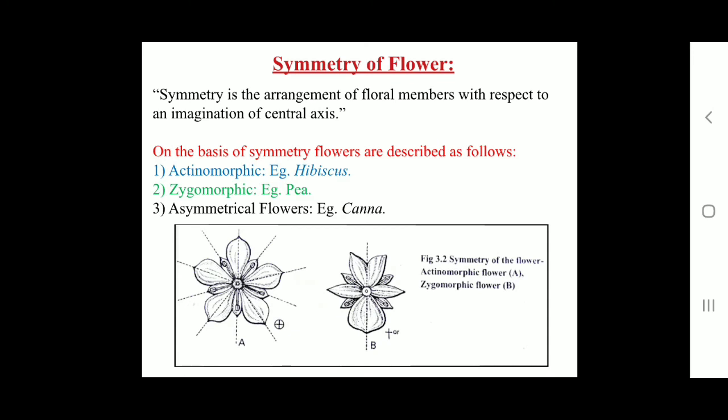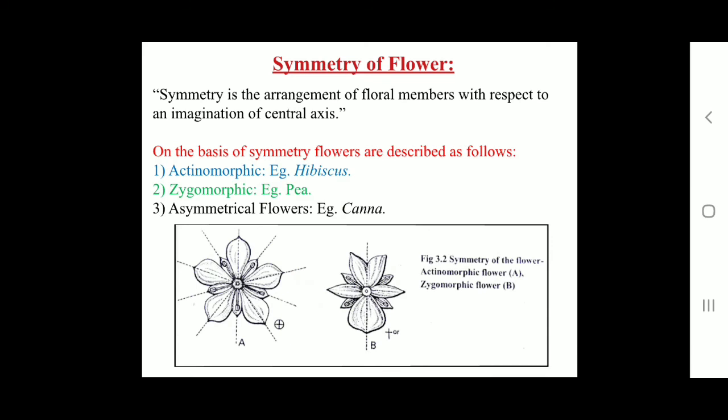Such a flower can be bilaterally symmetrical and can be divided into two equal halves when passed through only one longitudinal plane through the center. Such a bilaterally symmetrical flower is called zygomorphic flower. Example: pea and ocimum.